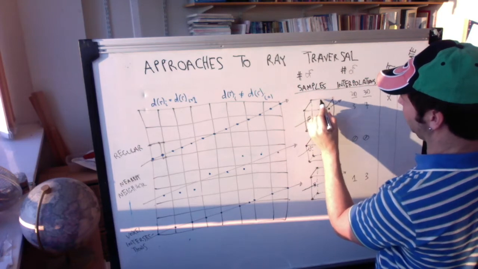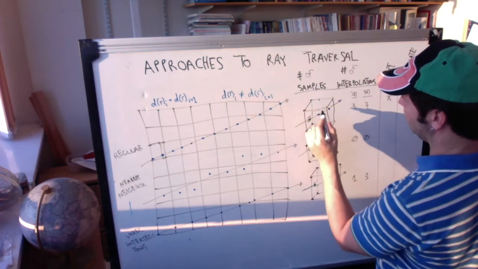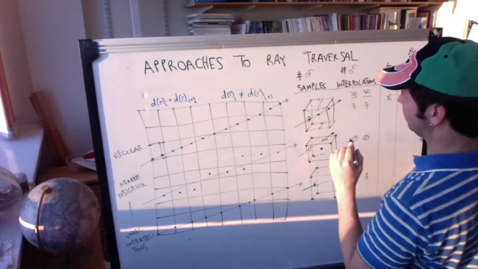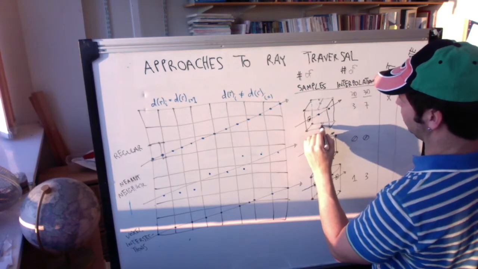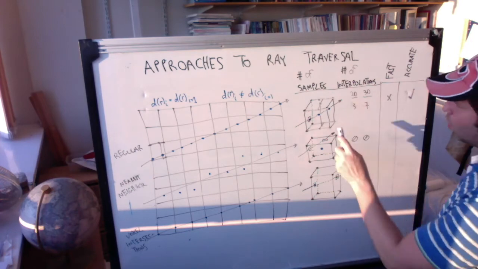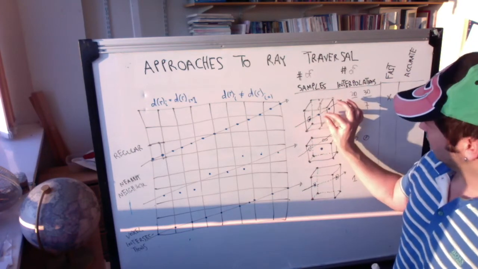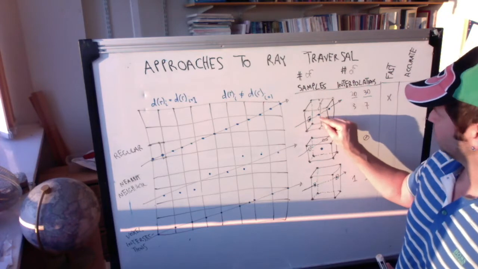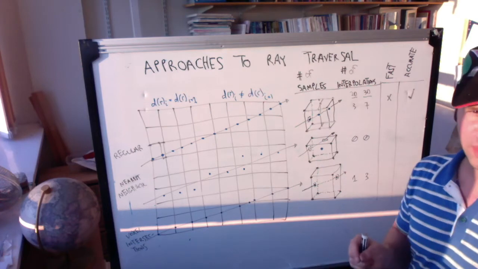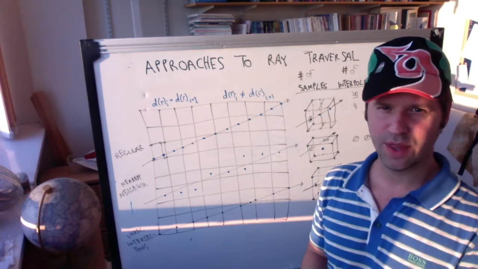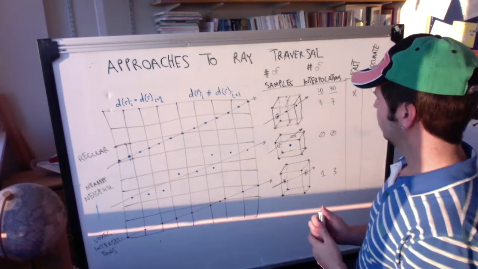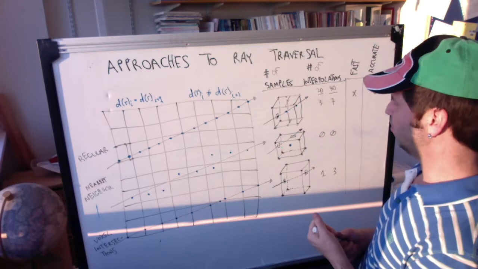We can interpolate along X 4 times, and then we can interpolate along Y twice to get these, and then we can interpolate again along Z, the final interpolation, in order to get the interpolated data at the center of the cube or anywhere inside the cube. And I hope that shows up on the video. Actually, that's going to be a little bit tricky. I hope that shows up.